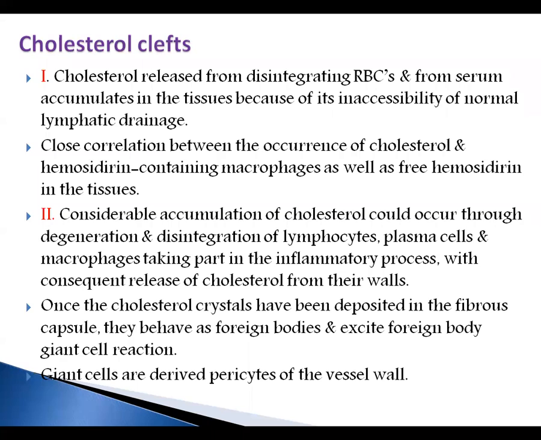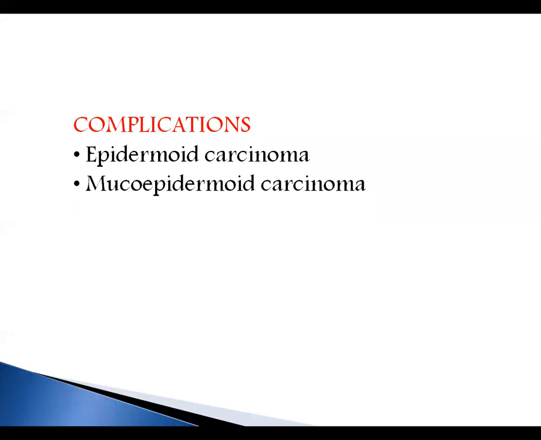Once the cholesterol crystals have been deposited in the fibrous capsule, they behave as a foreign body and excite a foreign body giant cell reaction. The giant cells are derived from pericytes of the vessel wall. So sometimes you can see giant cells in association with the cholesterol clefts. Complications: epidermoid carcinoma and mucoepidermoid carcinoma.